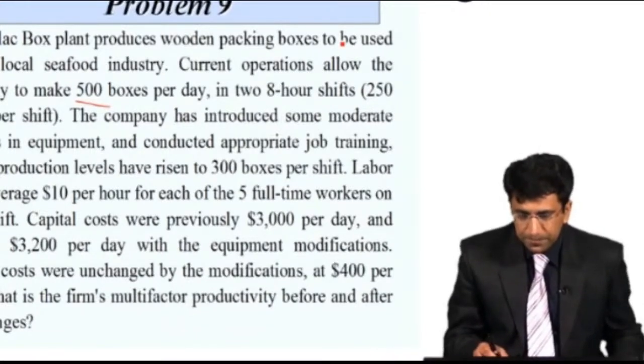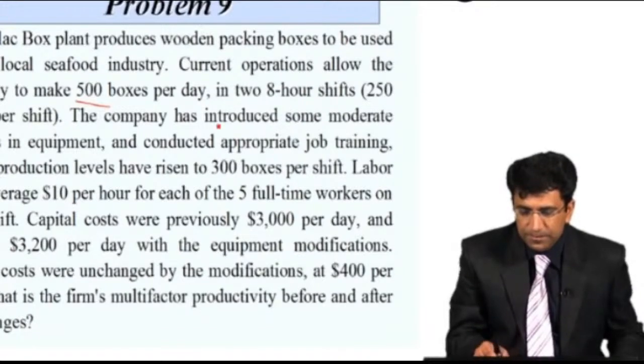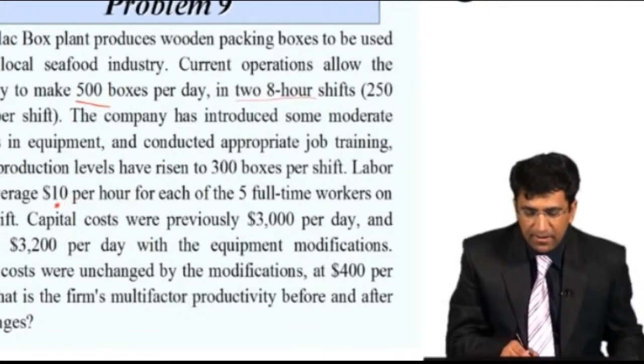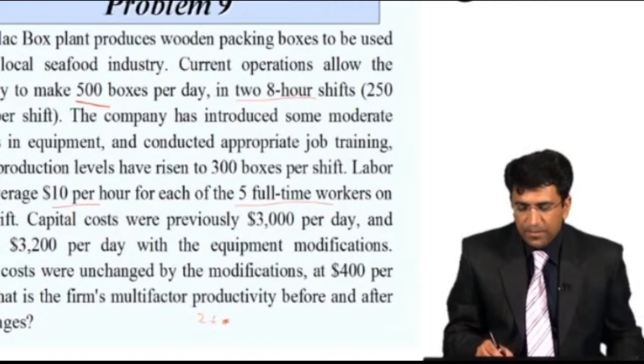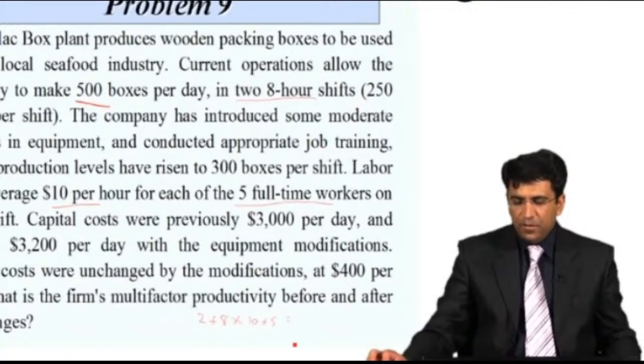We can multiply these values, that is 2 8-hour shifts, so 2 multiplied by 8, multiplied by 10, which is the wage rate, and this is multiplied by 5, which are the full-time workers. So the total labor cost will become 2 multiplied by 8 multiplied by 10 multiplied by 5. So students, the total labor input in this case will be equal to this value.